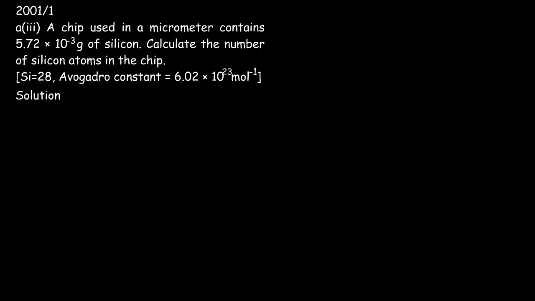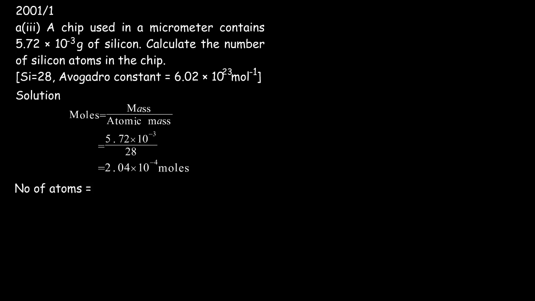Now, for our solution, we are first going to be looking for our number of moles, using the formula moles is equal to mass divided by atomic mass. Substituting, this will be equal to 5.72 times 10 to the power minus 3 divided by 28, which will be equal to 2.04 times 10 to the power minus 4 moles.